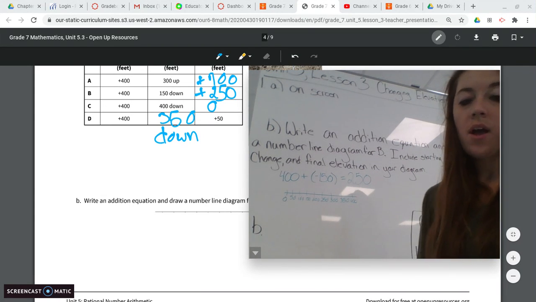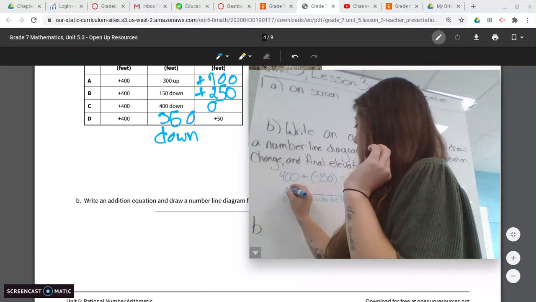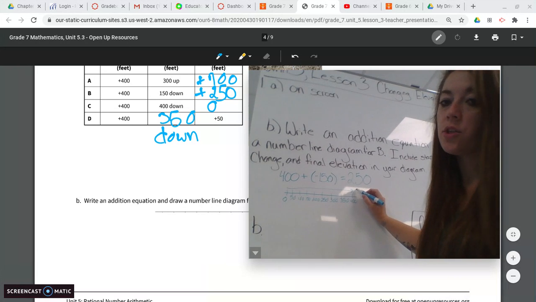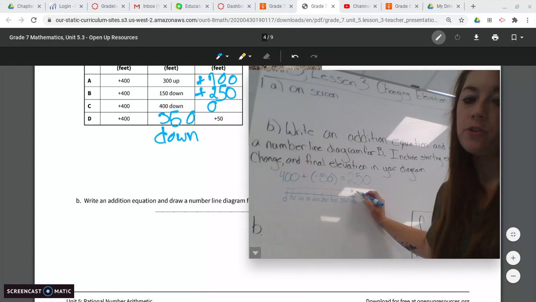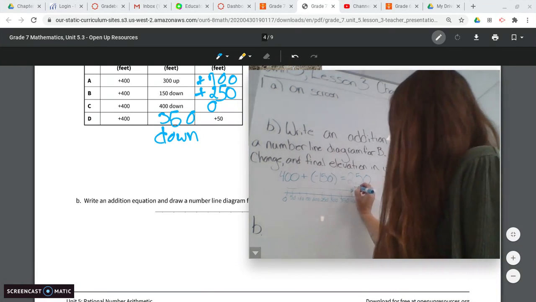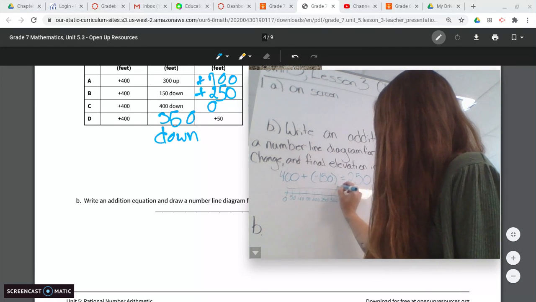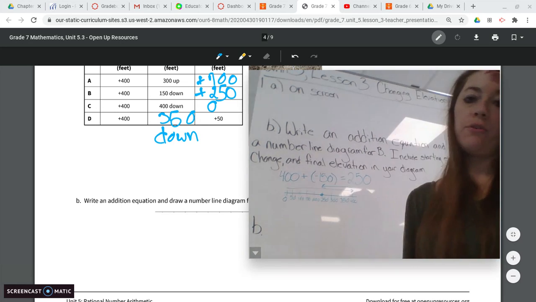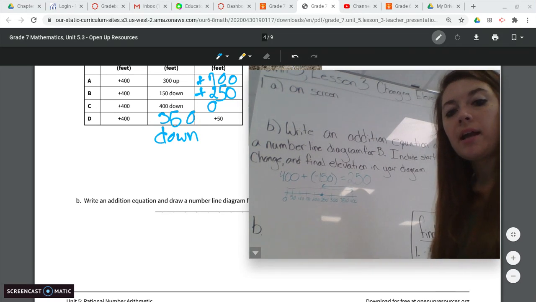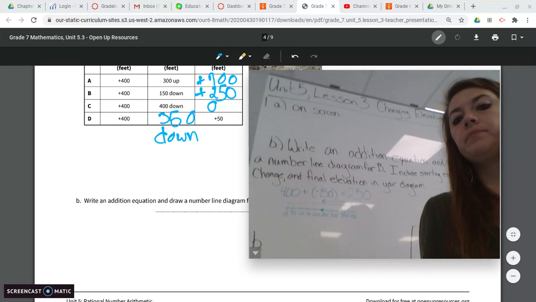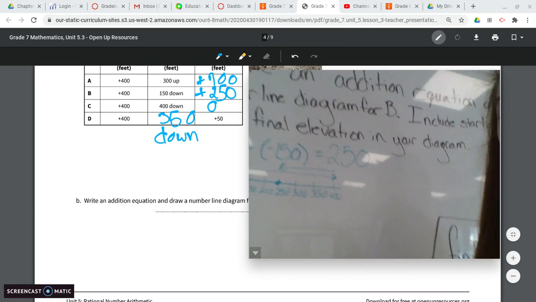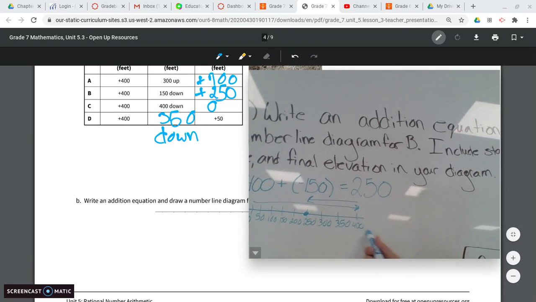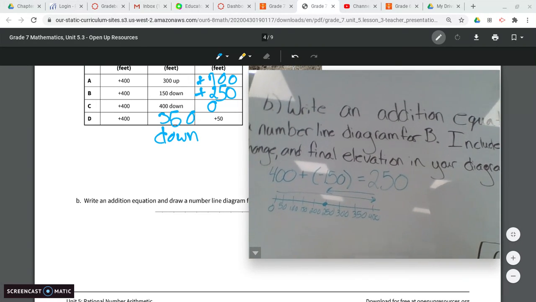Now we want to show our starting value. We went up the 400 to get to our starting initial value of 400. But then we went down the 150 to get to our final of 250. Using this number line, hopefully you can see that okay, you can represent what's happening in our equation.